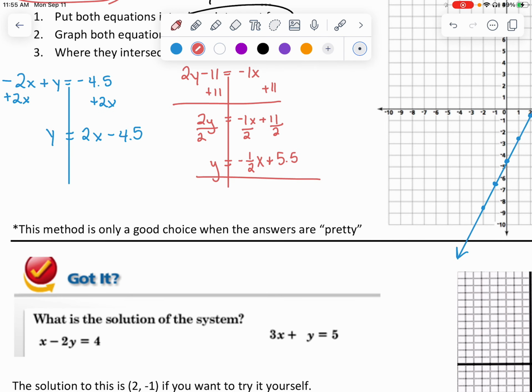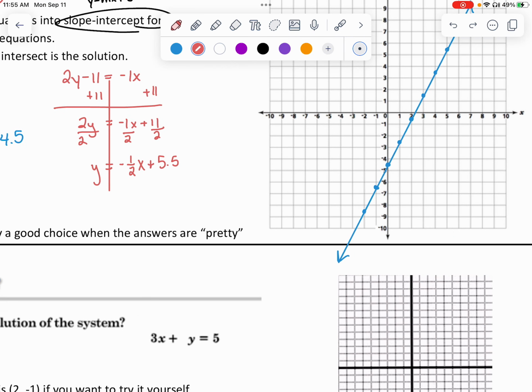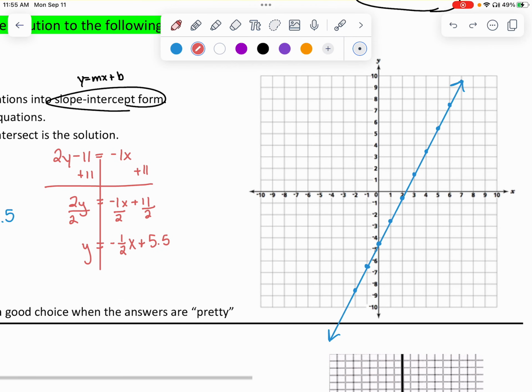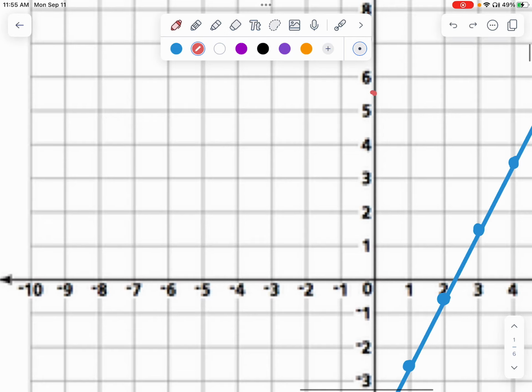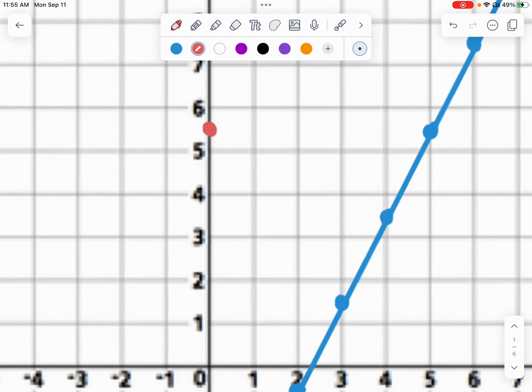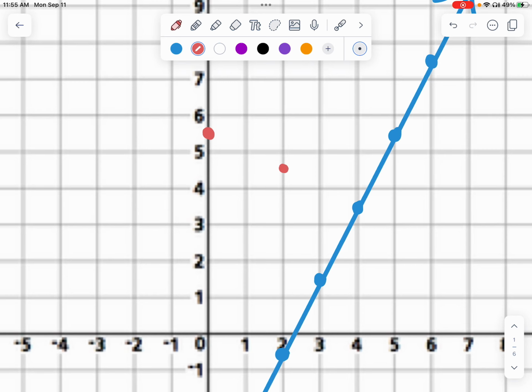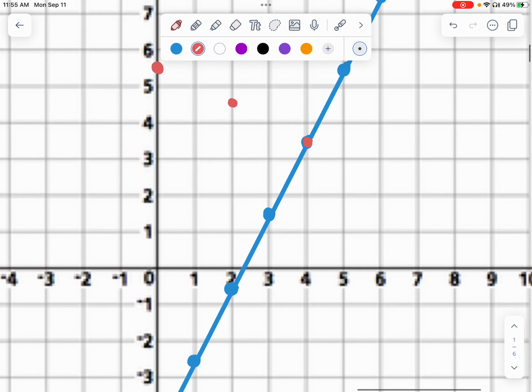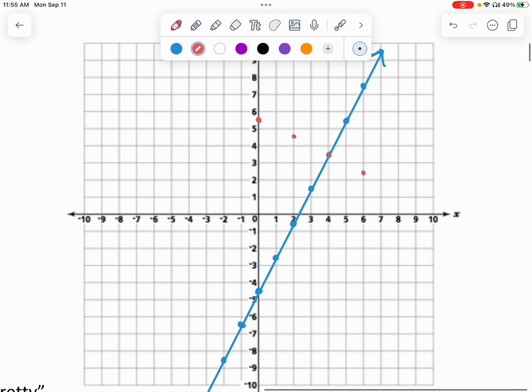Now it's time to graph the second line. I will go to positive 5.5. And my slope was, what was my slope? Down 1, right 2. Down 1, right 2. Once they meet, you're done. You have found the intersection. You have found the solution.